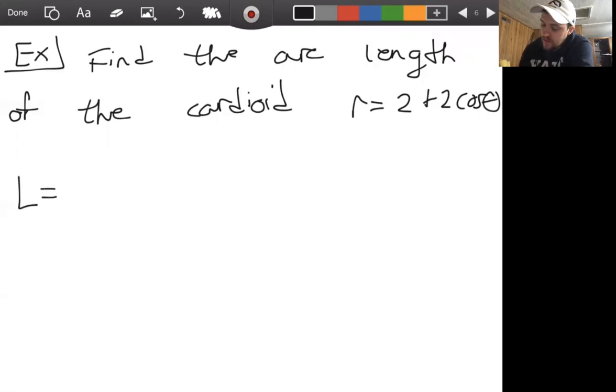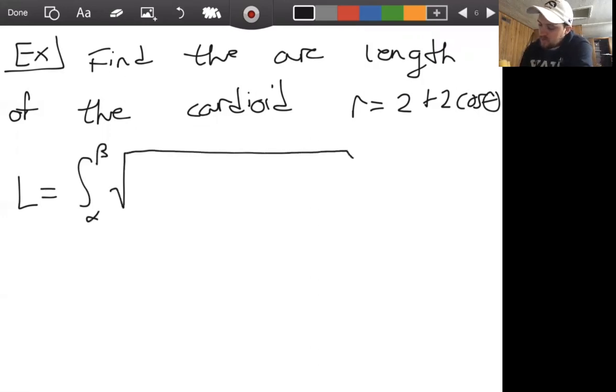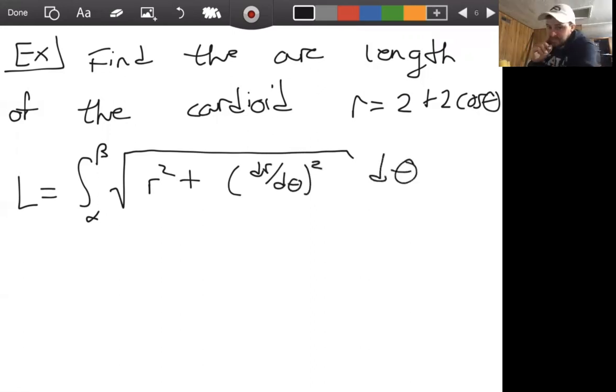Let's remind ourselves, arc length is the integral from alpha to beta of the square root of r squared plus dr d theta squared, d theta. We can compute the derivative of r with respect to theta, so we can plug in r squared and dr d theta, but we need to find the bounds.